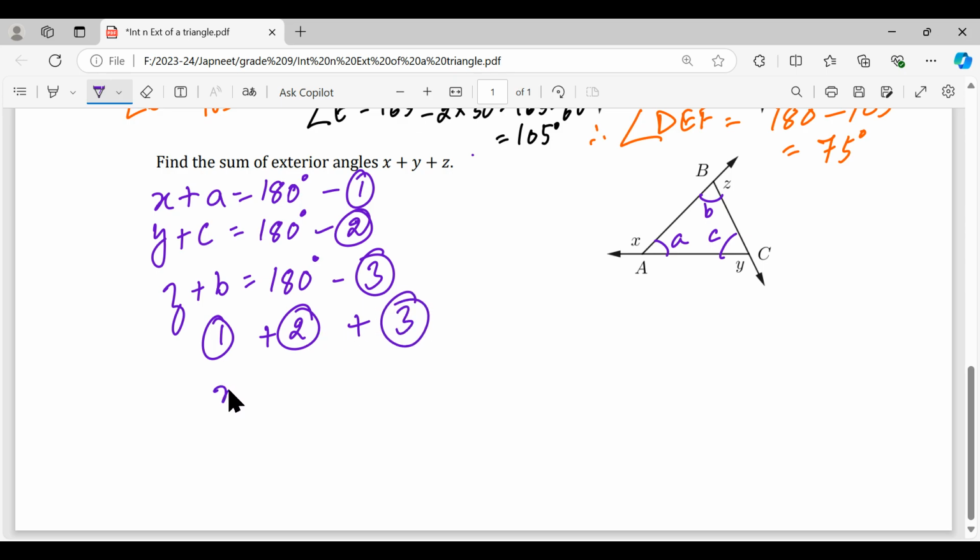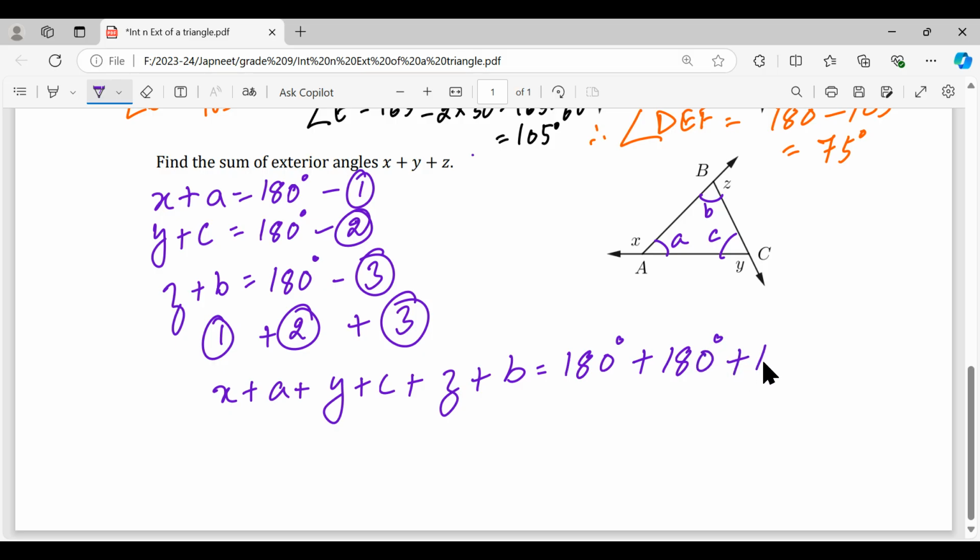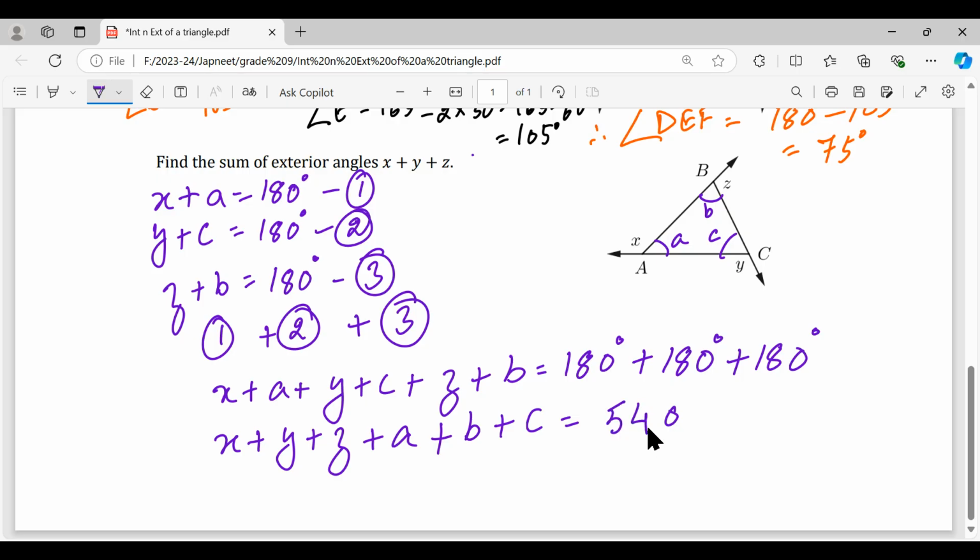So you get x plus a plus y plus c plus z plus b equals 180 degrees plus 180 degrees plus 180 degrees, right? Now we will take them together. Let's write x plus y plus z plus a plus b plus c, and this will become 540 degrees.